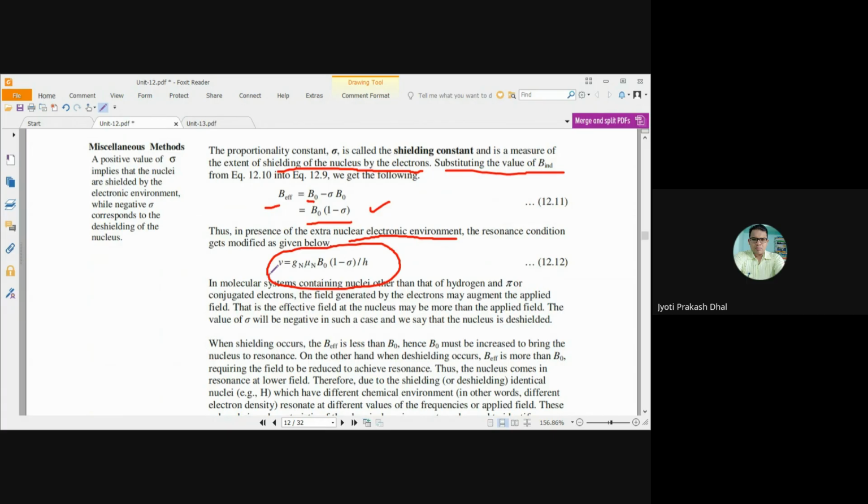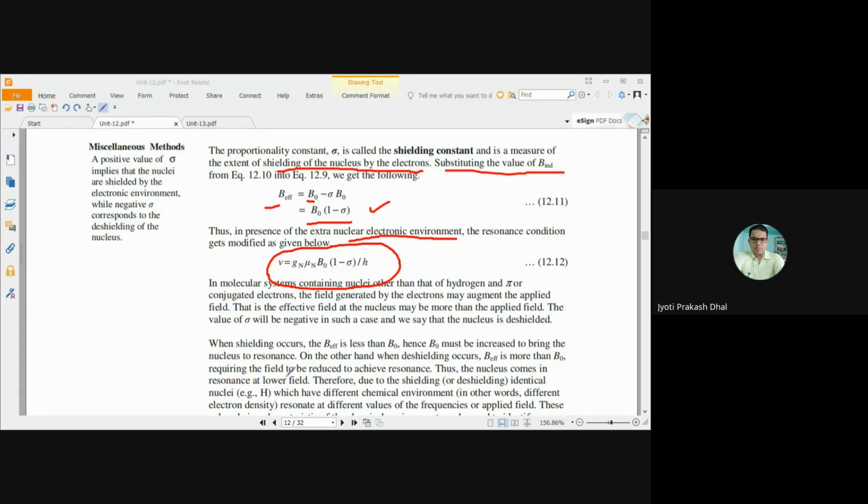So by putting in the value of the experienced magnetic field, we can write nu equals Gn mu n B naught into 1 minus sigma by h. In place of B naught, we are putting the value of B effective, which is B naught into 1 minus sigma.